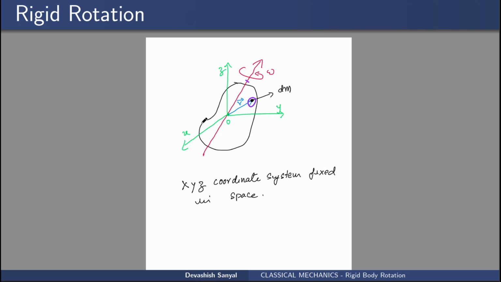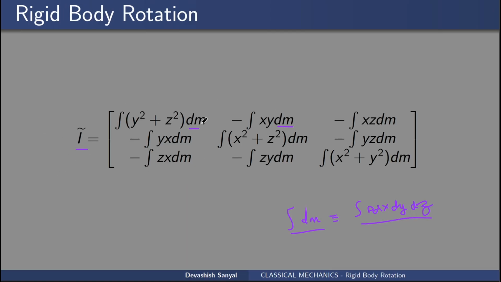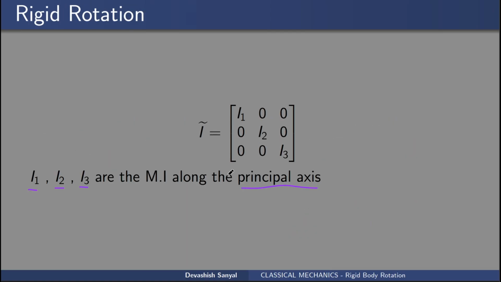But if you are working in the principal axis coordinate system, then for the same problem, the angular momentum along one direction will only depend on the angular frequency component along that direction, and it will not depend on omega 2 or omega 3. That is the advantage, and we are going to use this property extensively in rigid body rotation.